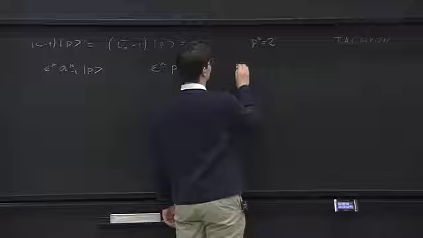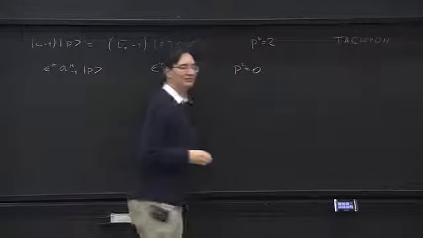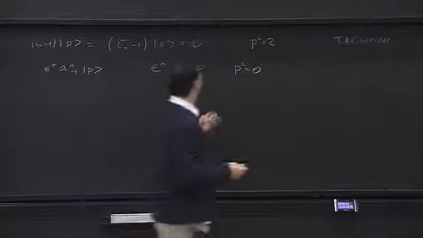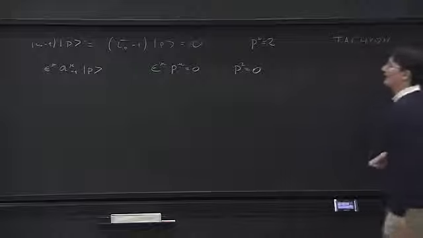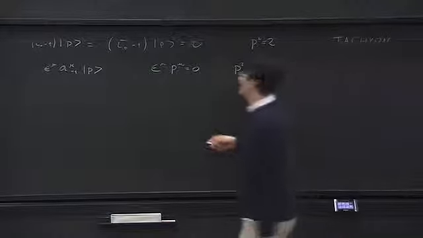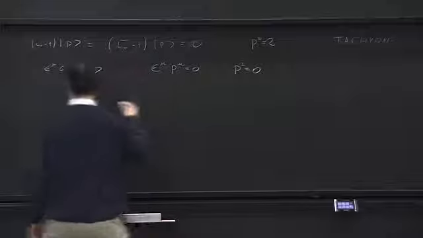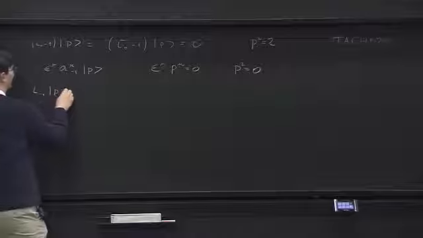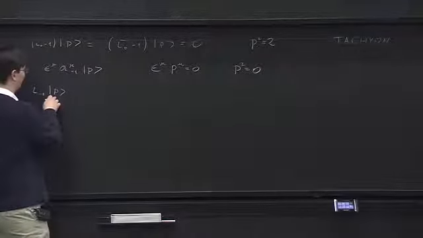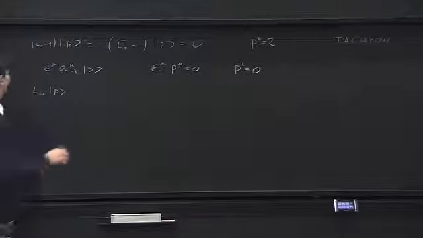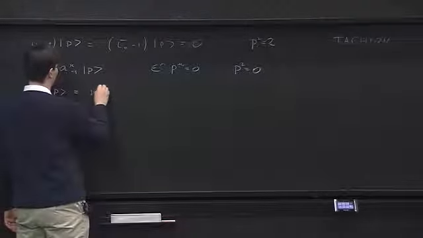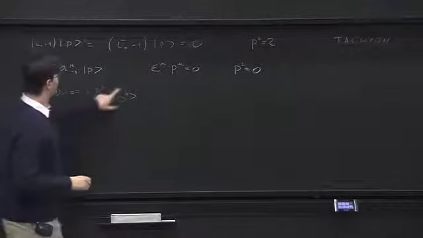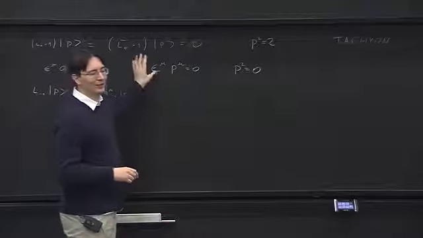That means that p squared is 0. But when p squared is 0, something funny happens, which is that if you look at the null states, L minus 1 acting on something, what happens? This is p mu, and L minus 1 p. And this actually satisfies this condition. So one of the physical states is actually a null state.